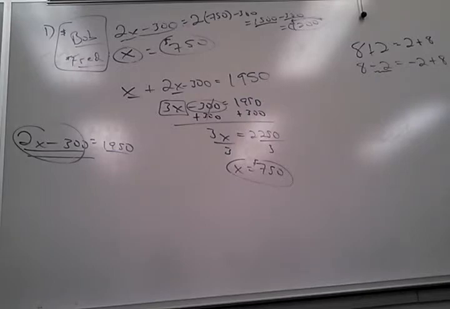What's 4 less than 10? What number is 4 less than 10? Yes. You did 10 minus 4. You didn't take 1 minus 2. So this would be 3x minus 4.